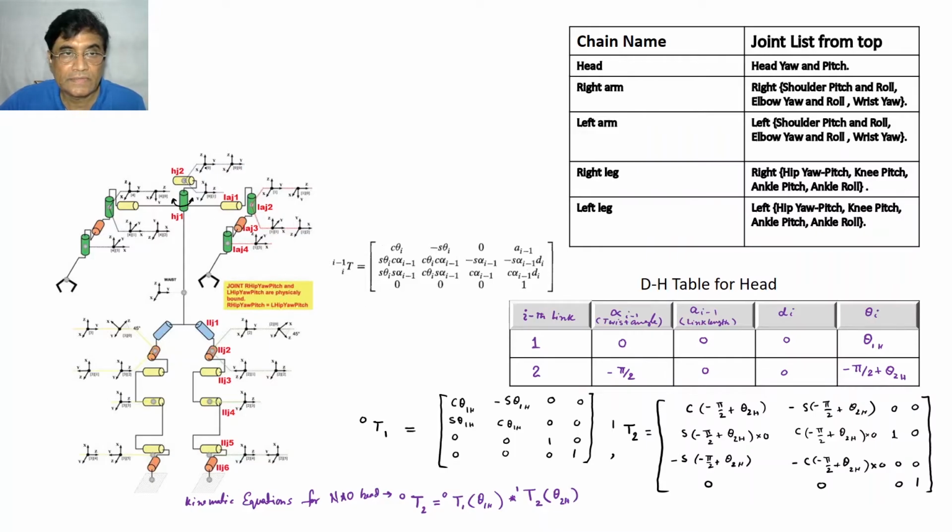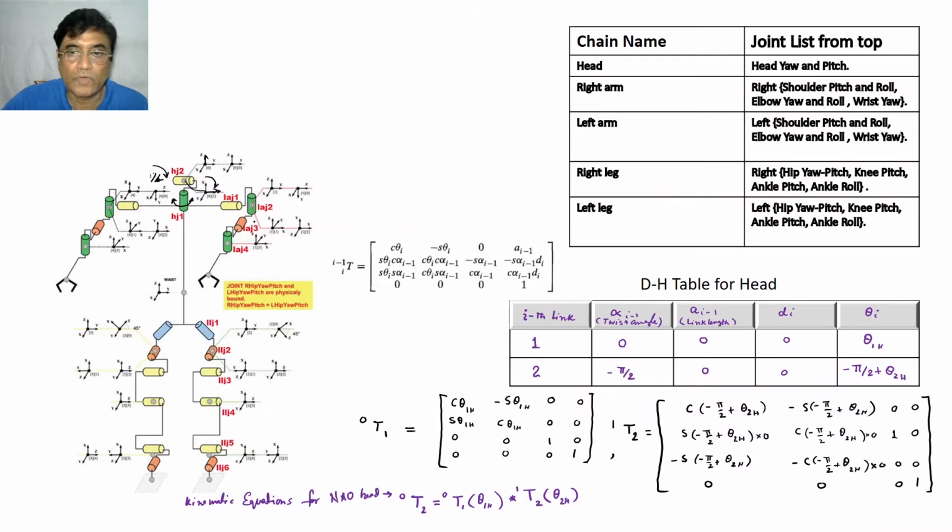You see the Z axis of the head joint. This is the Z axis for the zeroth link coordinate frame, and it is in this direction. If I am looking from here, what is this direction?